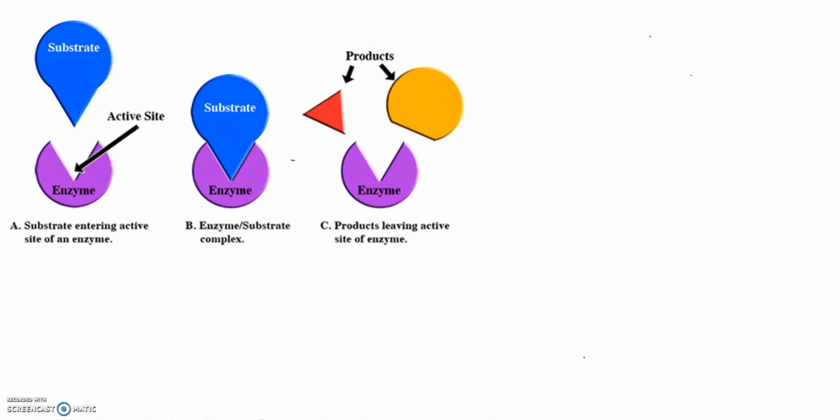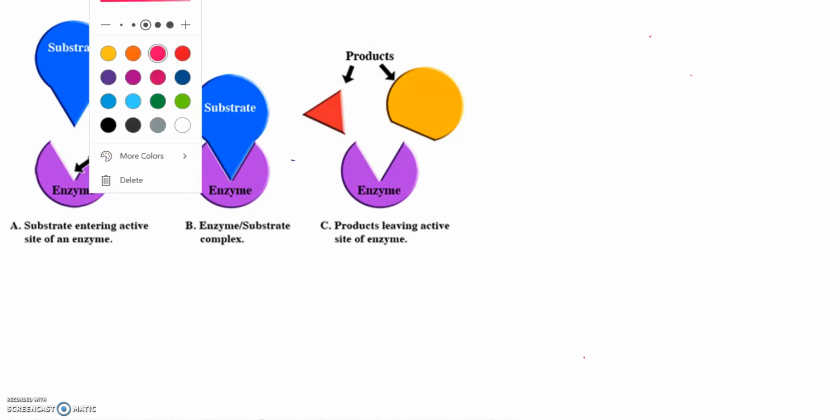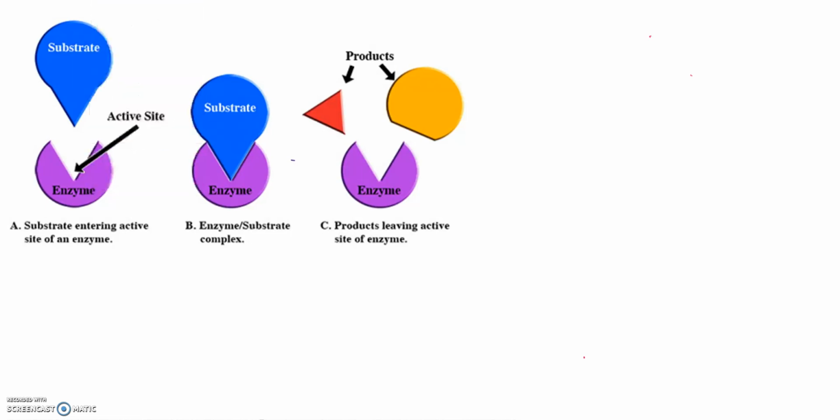And denature, remember that enzymes are not alive, right? They're not living cells. They're smaller than a cell, so they're not living. And so we can't say that they're killed, but denature means that they're no longer functioning. They're no longer able to carry out the catalysis of whatever reaction that they're responsible for.